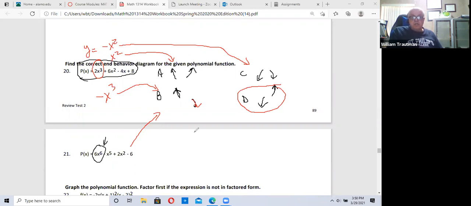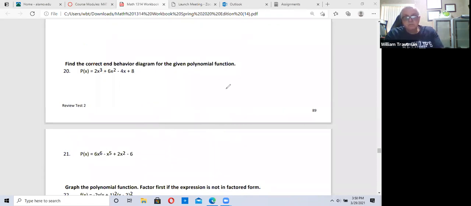It's an even power, so you have two arrows going up. The answer is A. Even power with a positive number in front, both arrows are going up.